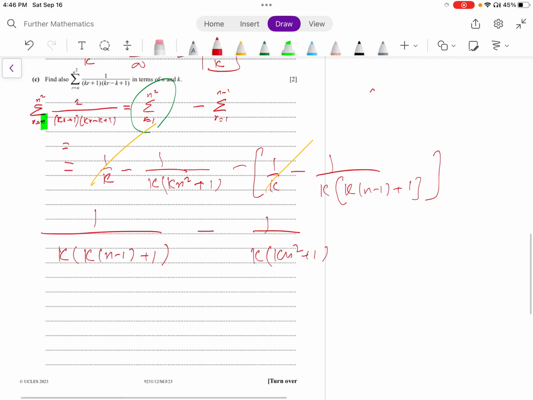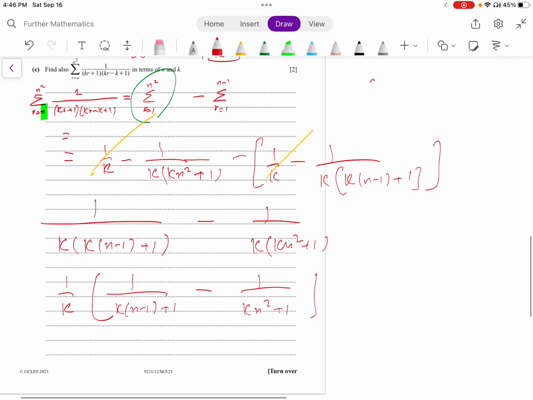We can take 1 over k common, and we can write our answer as 1 over k times (n minus 1 plus 1) minus 1 over (k n squared plus 1). This is our answer.